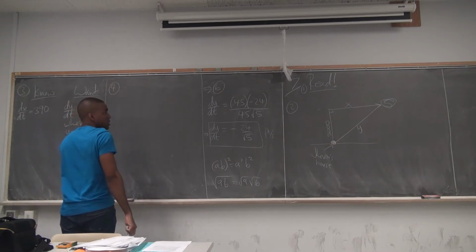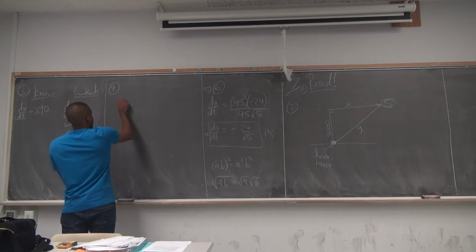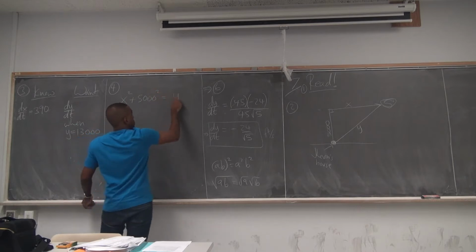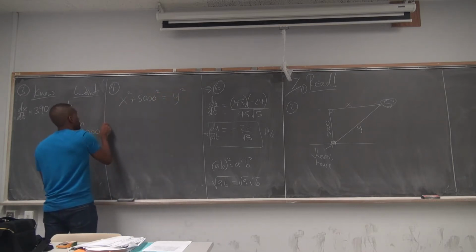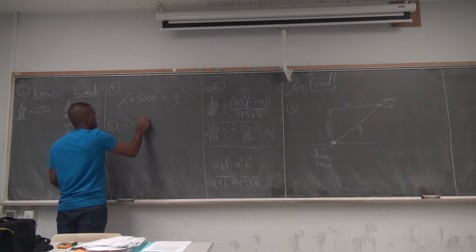So what's the equation here? Pythagorean theorem again. x squared plus 5,000 squared is equal to y squared. So then differentiate.